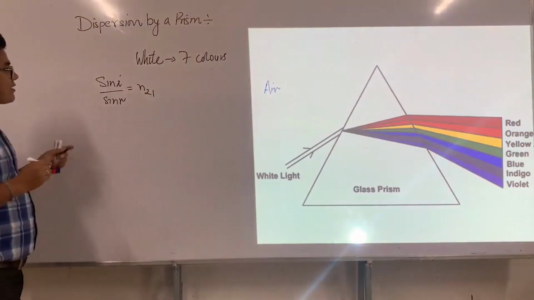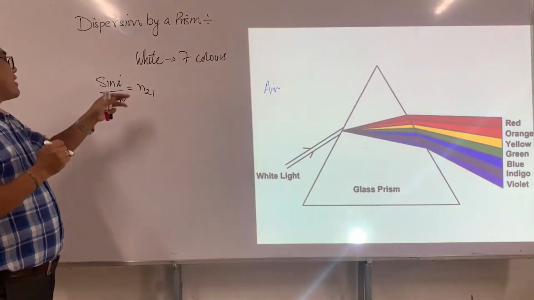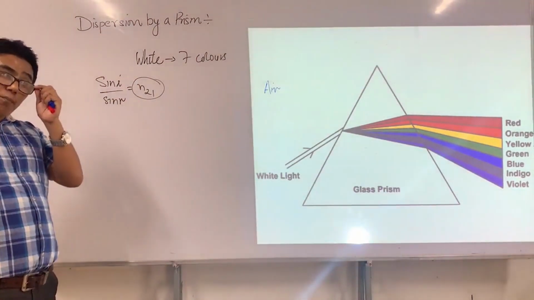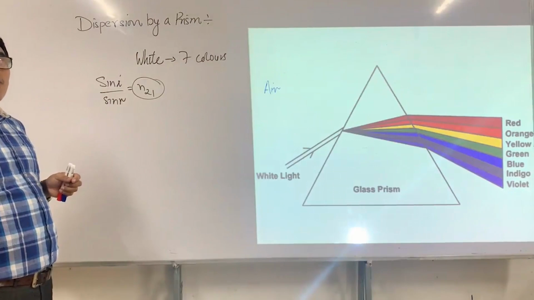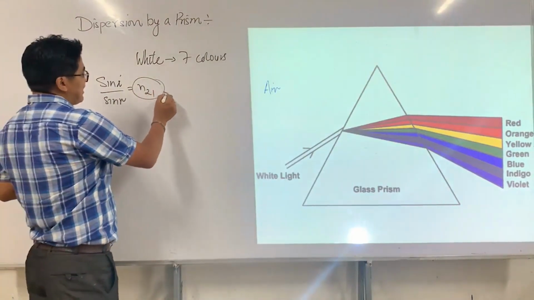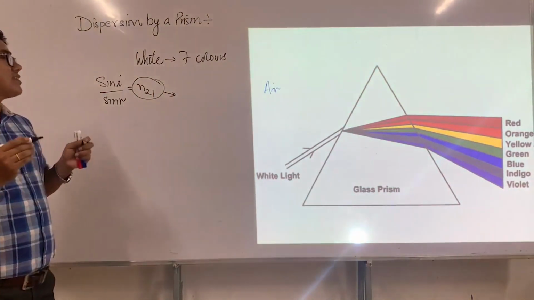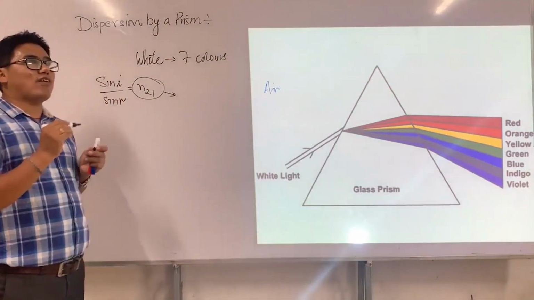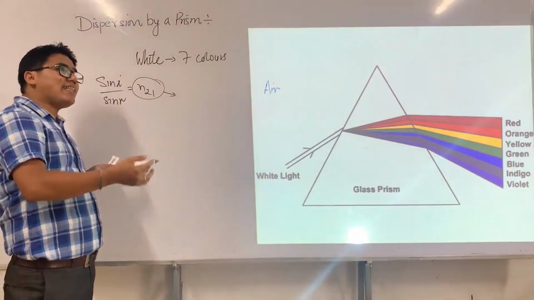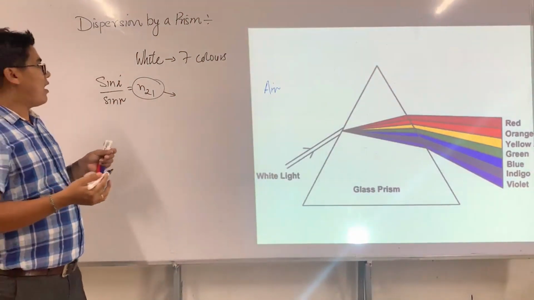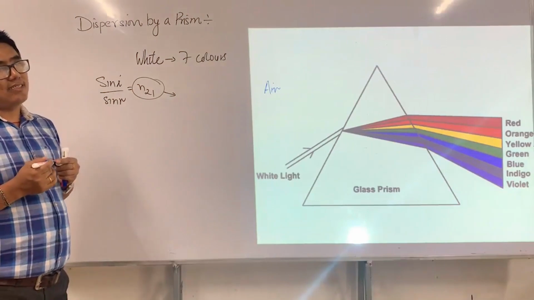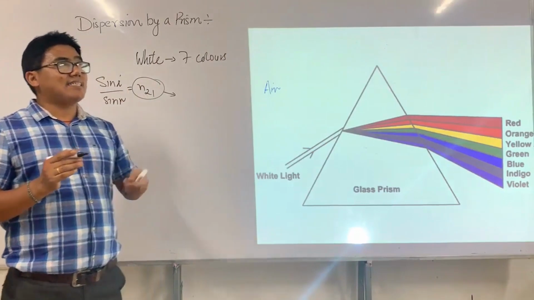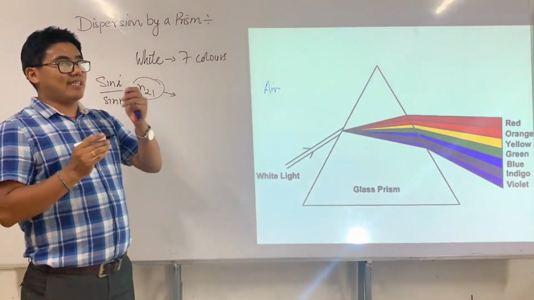When I define Snell's law, we say that this is constant for a given pure medium and for a given wavelength. That means this is not the same for all wavelengths of light. A different wavelength has a different refractive index.